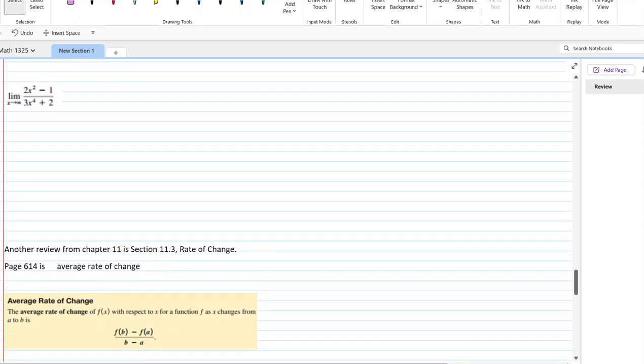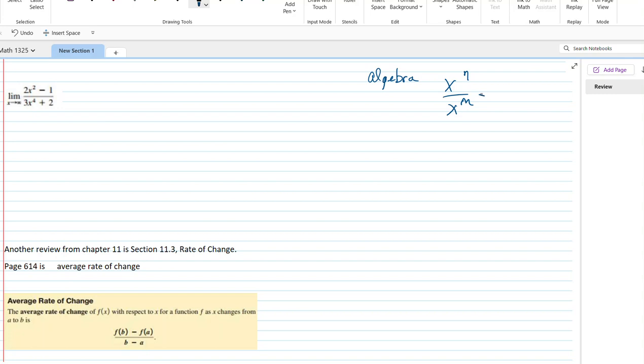And you can always use your calculator to understand. Well, here, in the algebra, we have x to the n over x to the m, and that means the highest degree. Well, I'm going to have a 2x squared, which is the highest degree of the numerator, and 3x to the 4th.